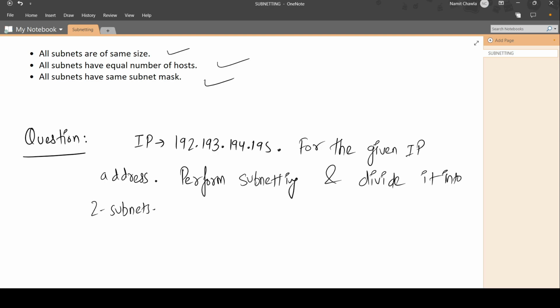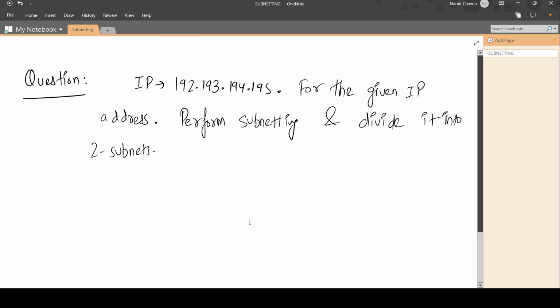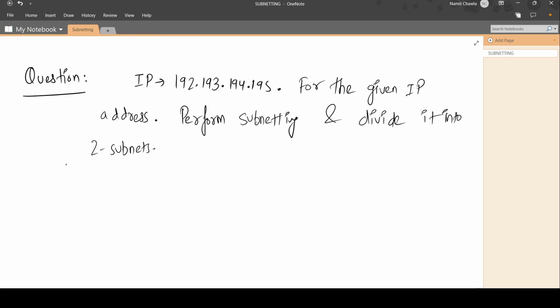Obviously the word problem can be increased, the wording can be longer, that is not a problem, but these constraints are fixed. This is what you are supposed to have, or your examiner is going to give you these many inputs.